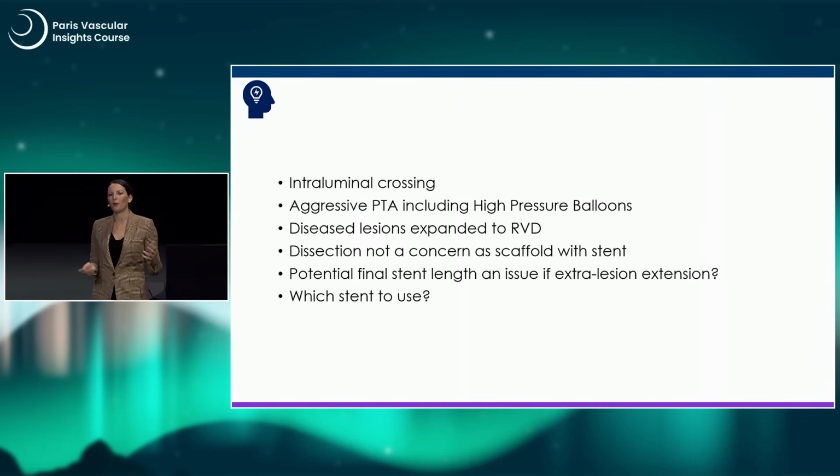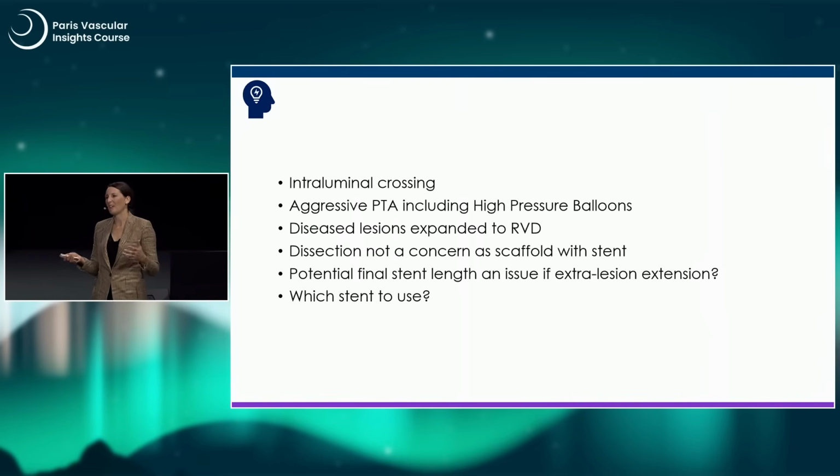If you know from the start that you want to stent, dissection, I suppose, is not really a concern anymore, because you're going to scaffold it with your stent. Although I still think you want to know where you want to stop your stent. You don't want this dissection to go too far down the bypass, for instance, or down to the below the knee lesions.